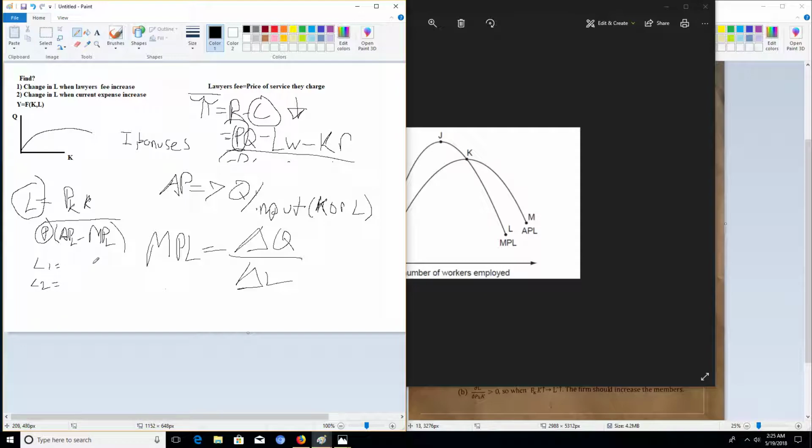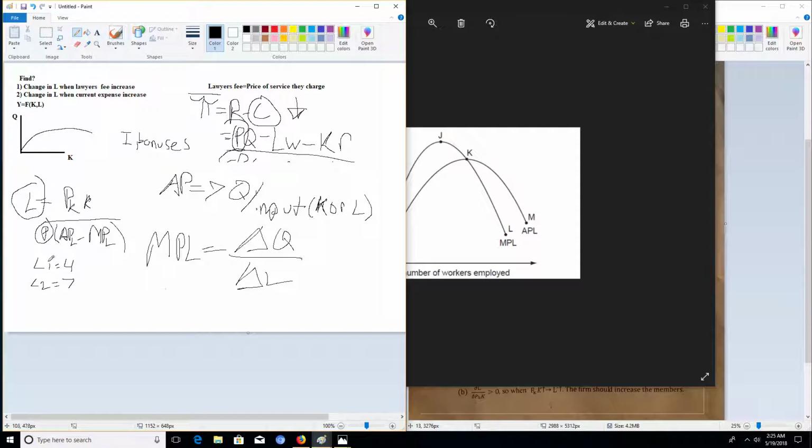Say L1 creates 4 units of stock. They create 4 units. And after L2, let's say labor now creates 7 units.